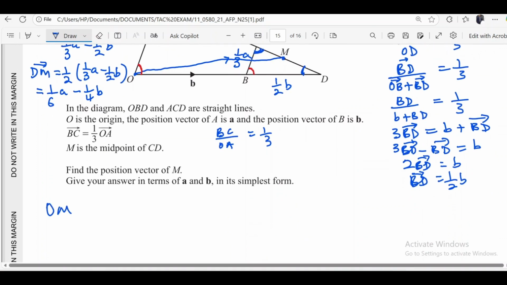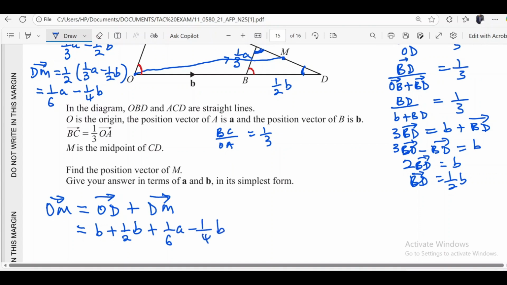So with that, now let us go and get OM. That's the position vector of M. And remember, we say OM is OD plus DM. And OD is b plus half b, plus DM, which is 1 over 6 a minus 1 over 4 b.